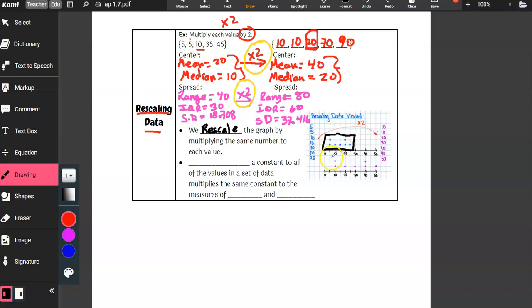And then if you multiply by 2, you rescale the data, and it looks larger now. It looks more spread out. So multiplying a constant to all the values in a set of data multiplies the same constant to the measures of center and spread. Here you see what happens. The 40, the 20, and the range went to 80, 60, and 37.416.